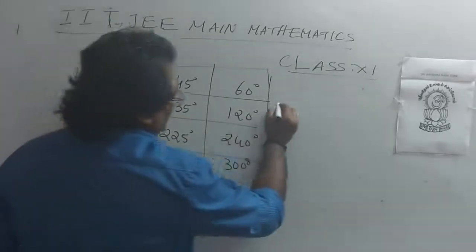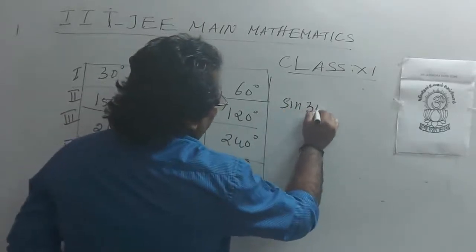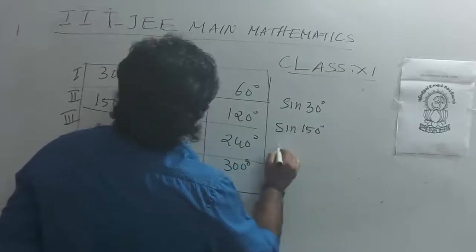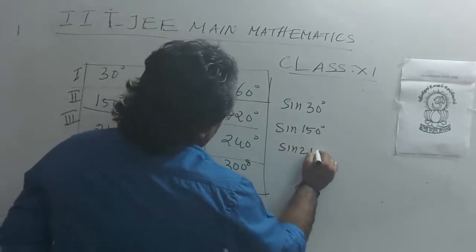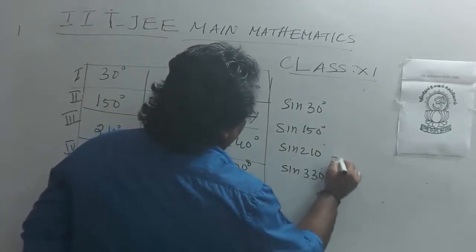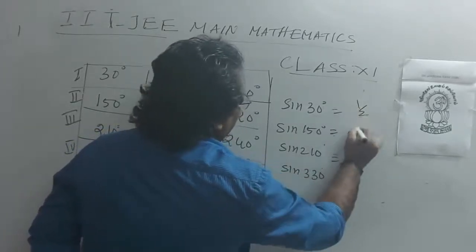For example, I want to find sin 30, sin 150, sin 210, sin 330. Sin 30 equals 1 by 2.